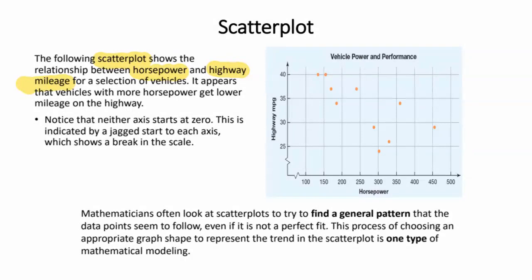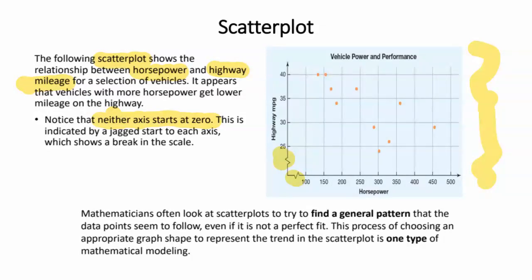Well, every increment of horsepower is not the same thing as highway mileage. Now, you're going to notice on this graph that I have dots that don't connect. Okay. Now, also, neither axis starts at 0, because notice I have breaks.